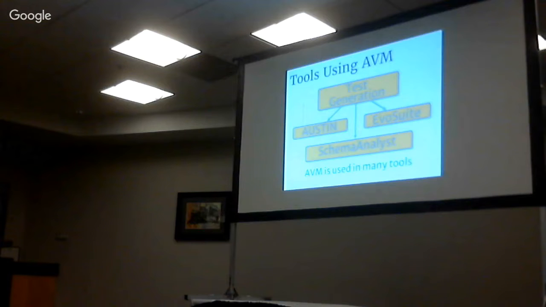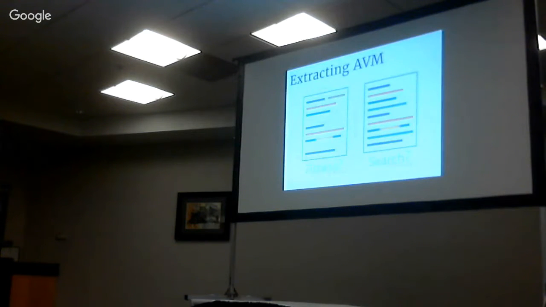And so if you were really interested in using an AVM, another thing that you might do is say, well, I know what's next. I should try to extract the parts of the AVM that are important for me from existing systems, and then I can have my own AVM. And so, for example, if you look on the screen, I'm now showing you some examples of source code. If you were to look into the source code and try to say, what's the part of the AVM that is responsible for computing fitness, it might be difficult to find it. Additionally, you might look at the source code and say, what's the part that is responsible for performing the search?